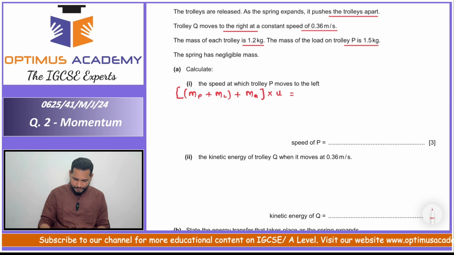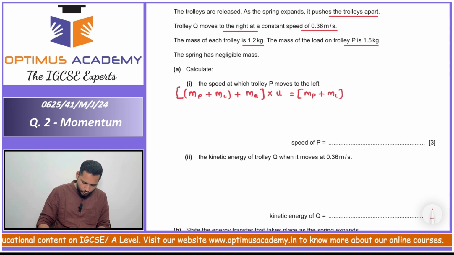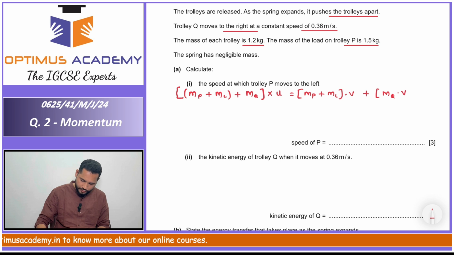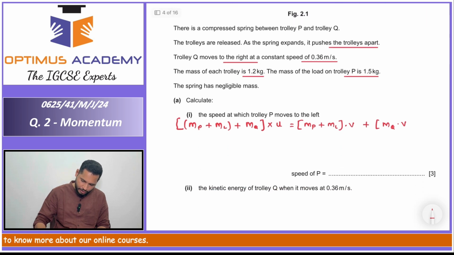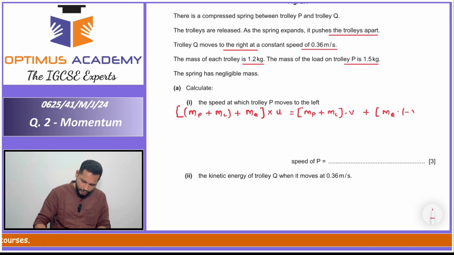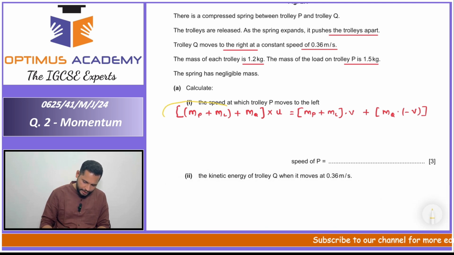After the spring expands, the mass of trolley P attached with load on it is moving with, let's say, velocity v, and the trolley Q is moving with velocity v, which is given to us as 0.36 meter per second, but we will mark this velocity as negative. Why? Because it is moving opposite. So since the trolleys are not moving initially, this entire term is going to be 0.